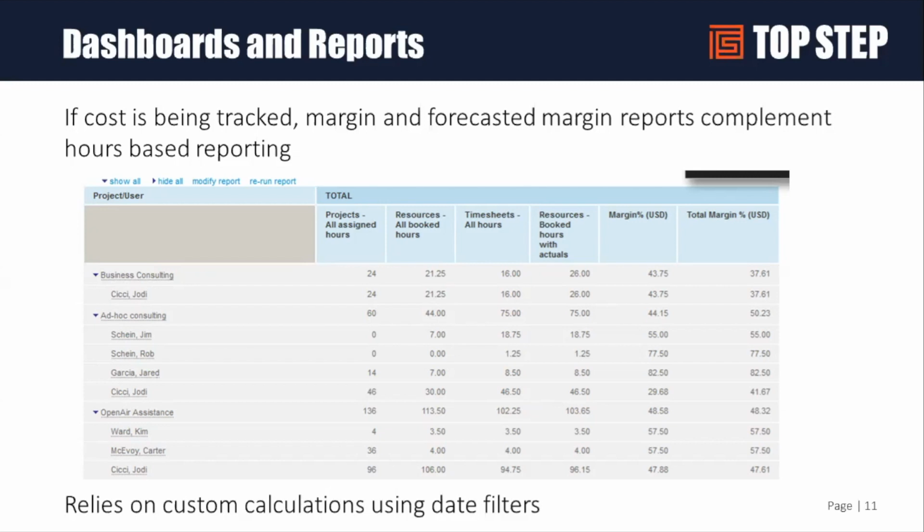Because this can factor in things like expenses, where the expenses are a cost that you have to factor in, but there's no such thing as hours, for example. So I like to recommend this margin and forecasted margin report because it again interprets the data slightly differently because you are focused on total cost of the project versus just the hours that are being burned. Okay.